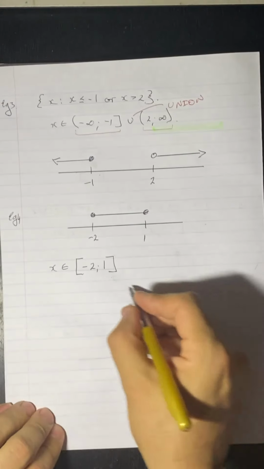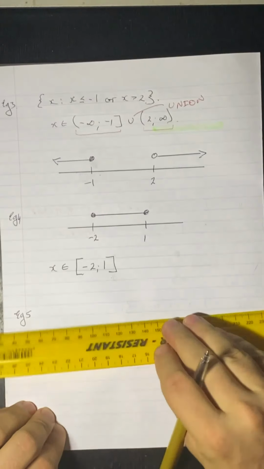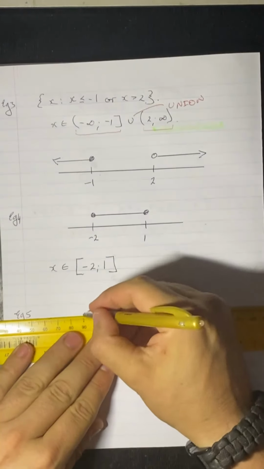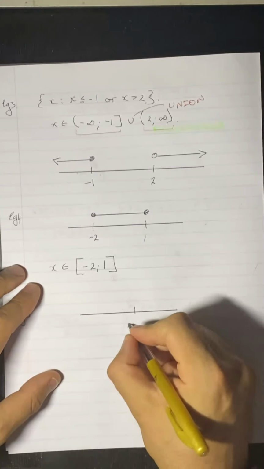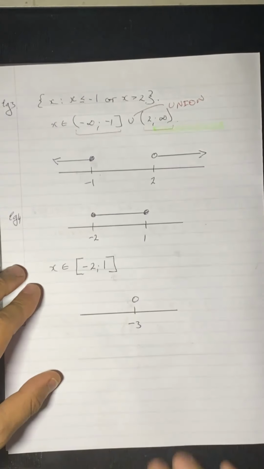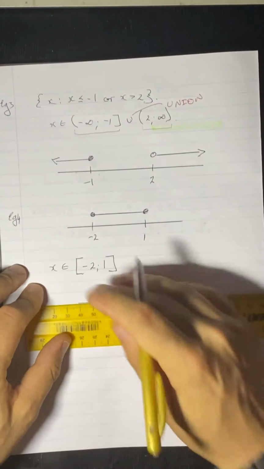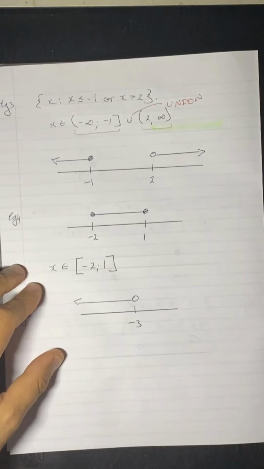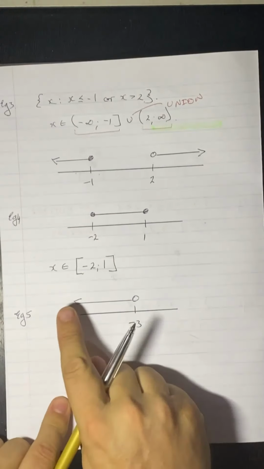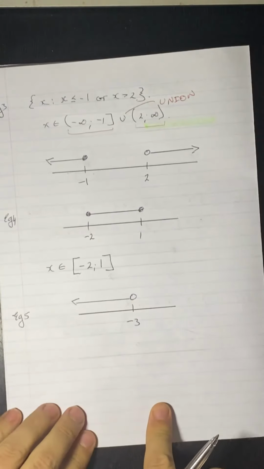If we look at example 5, the number line that they've given us, as you can see, this is going from minus infinity up to -3.